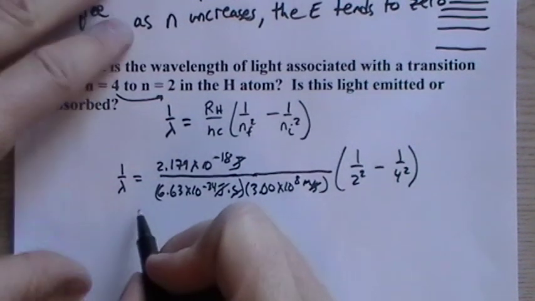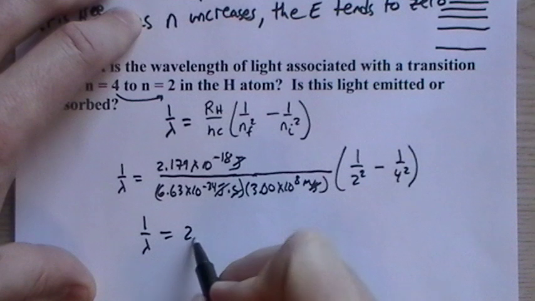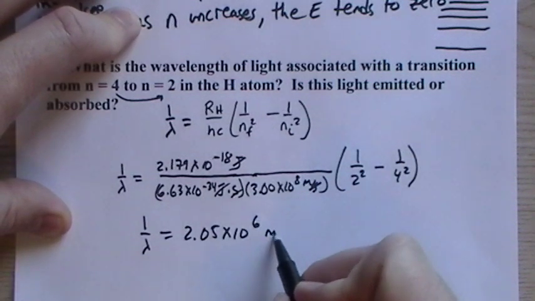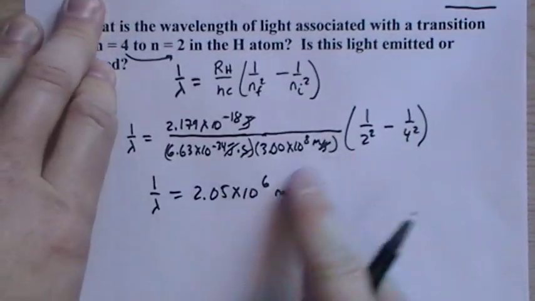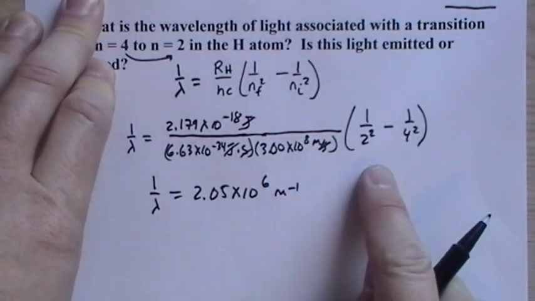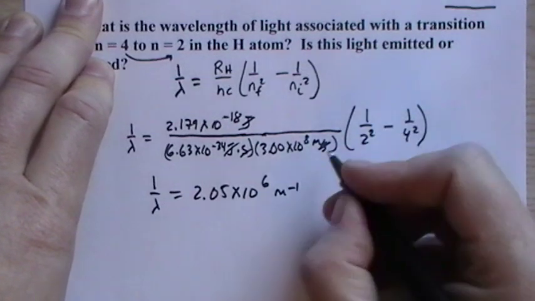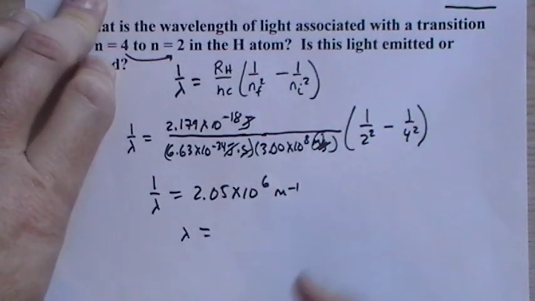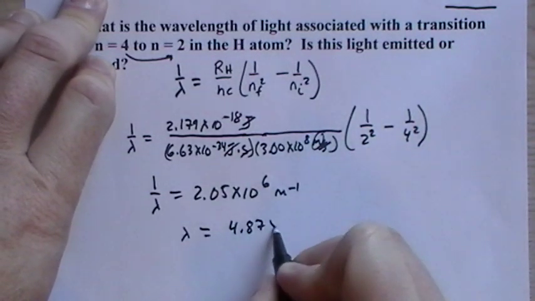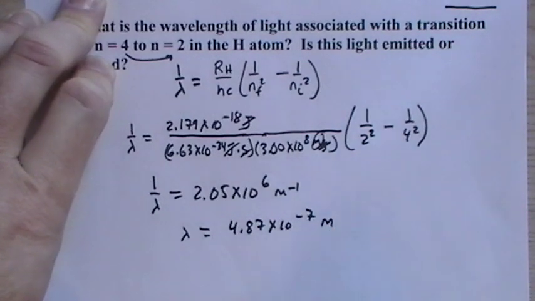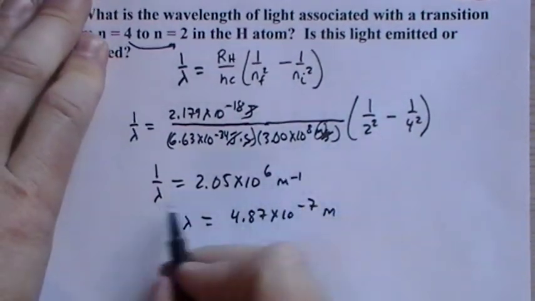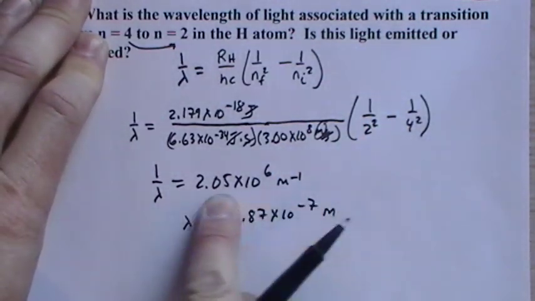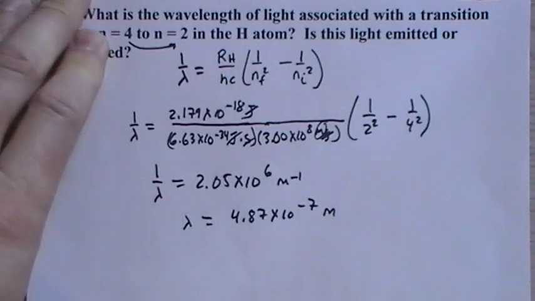Okay, so 1 over the wavelength ends up being 2.05 times 10 to the 6th inverse meters, if you've carried out all of the calculations correctly, and then you should end up with meters on the bottom. So if you take the reciprocal of both sides, we end up with 4.87 times 10 to the minus 7 meters. You have to do that last step. This happens all the time on the exams where the student ends up with wavelength being equal to this number. It's 1 over the wavelength, so you have to flip it when we're done.